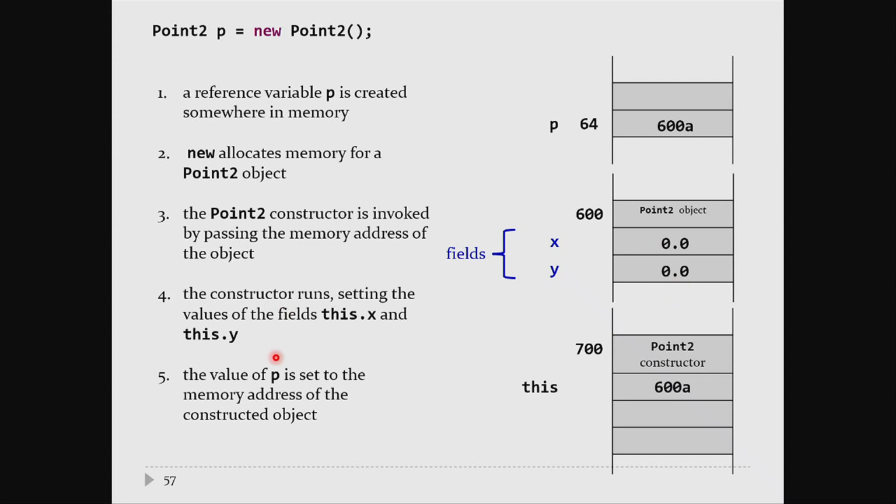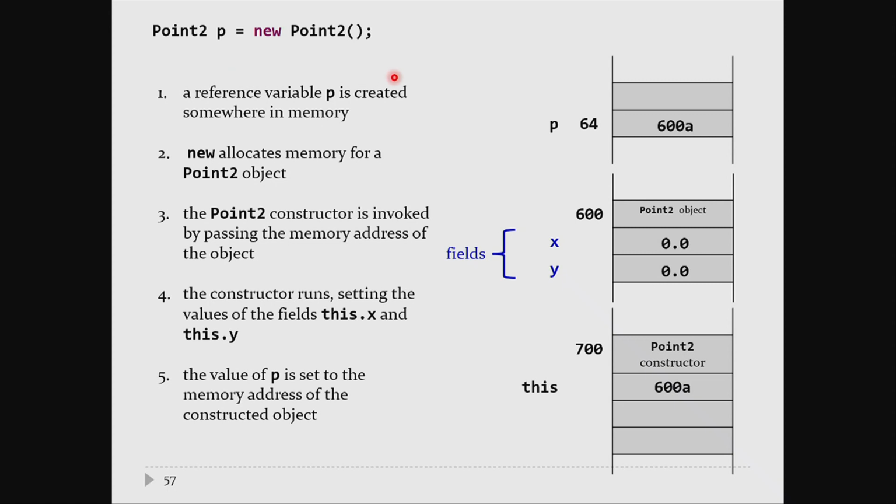And then the value of p is set to the memory address of the constructed object. So new returns that address back to the caller, and that's 600. So the value sitting beside p in memory is the address 600. That one line of code causes a whole sequence of events to occur.